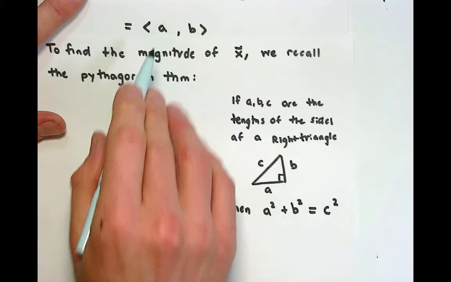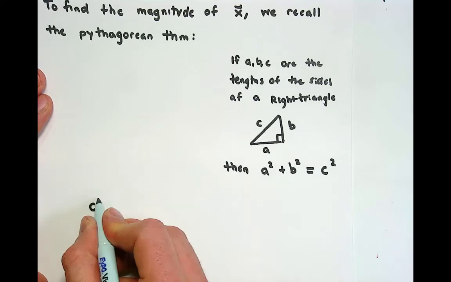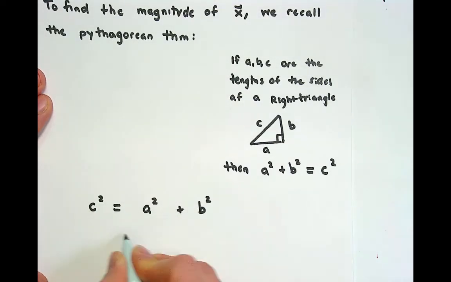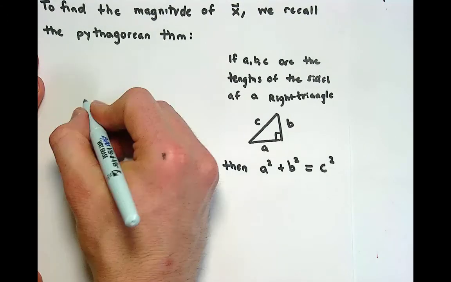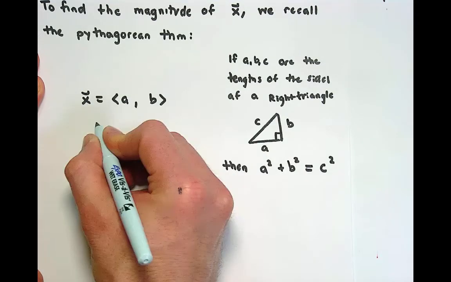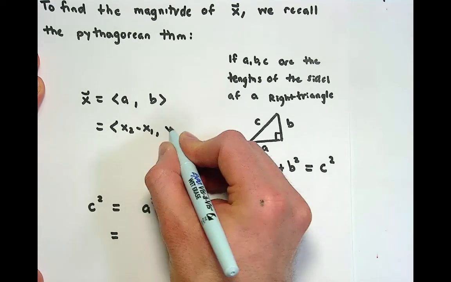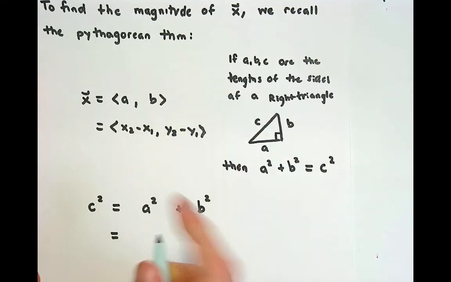So in particular, when we're looking at the length of this vector, we could say that the length of the hypotenuse squared is A squared plus B squared. But we see from that previous screen, A was given by the difference between the first coordinates of our points, and B was given by the difference between the second coordinates.